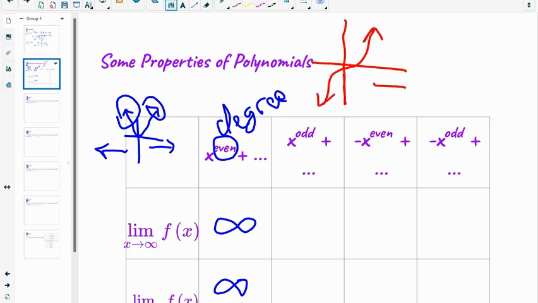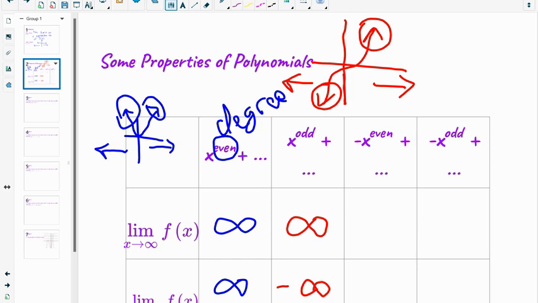As we go bigger and bigger on the x-axis, this arrow is indicating that we are going in an upward direction. So the limit as x approaches infinity means the function also heads to infinity. The one difference here is that when we head off to the left, our arrow is pointing downwards, and that means we are headed towards negative infinity.